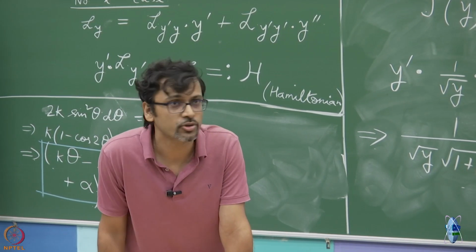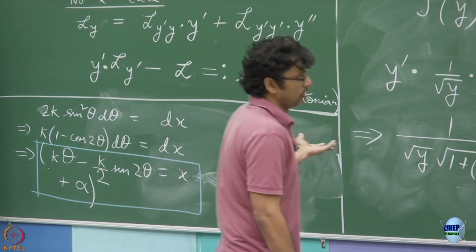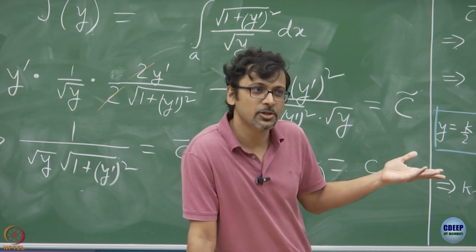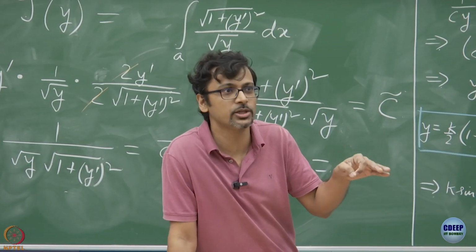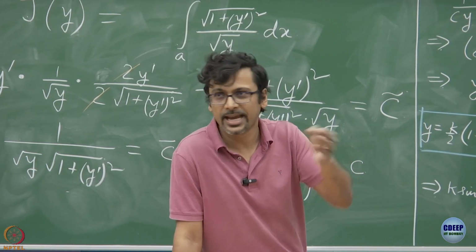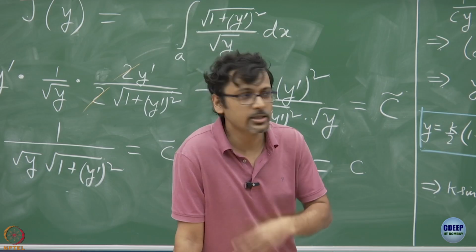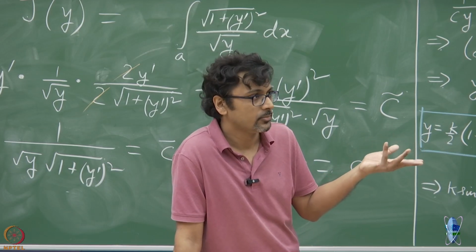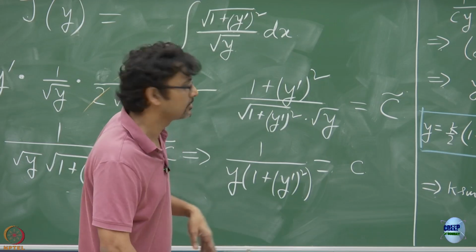What I would invite you to try is to solve for this using the second order differential equation, assuming that you do not know the special situation where this x is not present, and just blindly apply the y double prime condition, right, and see how far you can go with that.